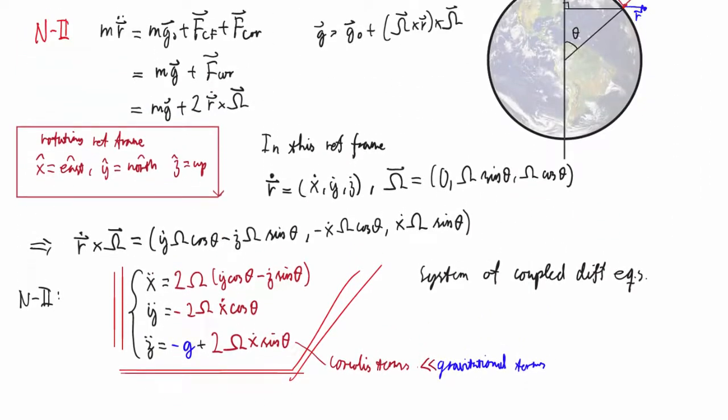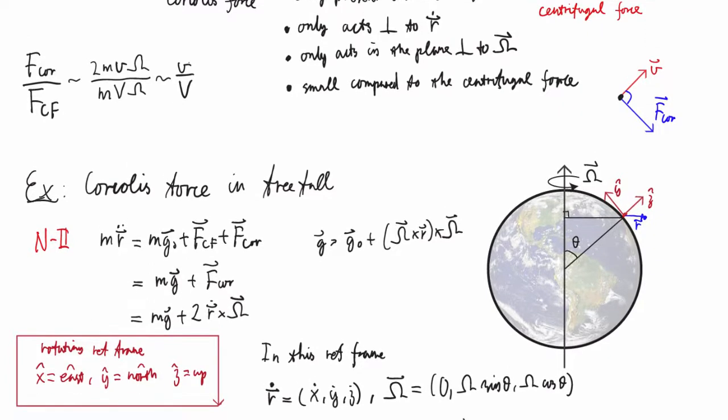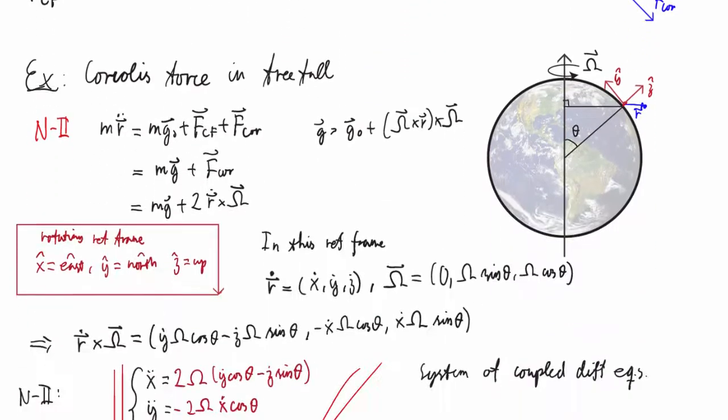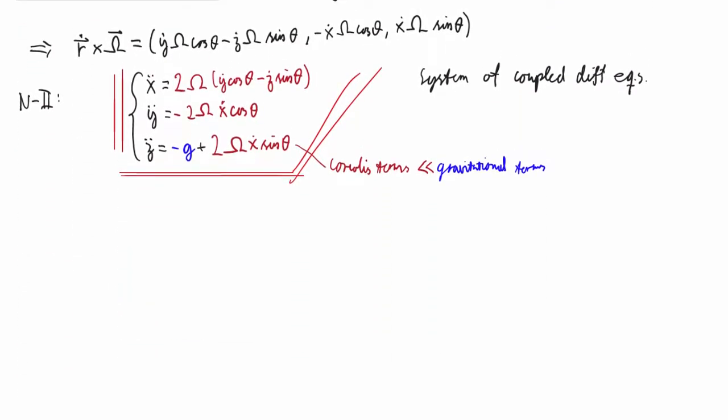Right? That again can be seen from the estimation we made up here. And we said that the Coriolis force is small compared to the centrifugal force, and we showed in the last video that on planet Earth actually the centrifugal force is small compared to g. So this is just a small perturbation, which means that we can use something known as perturbation theory.